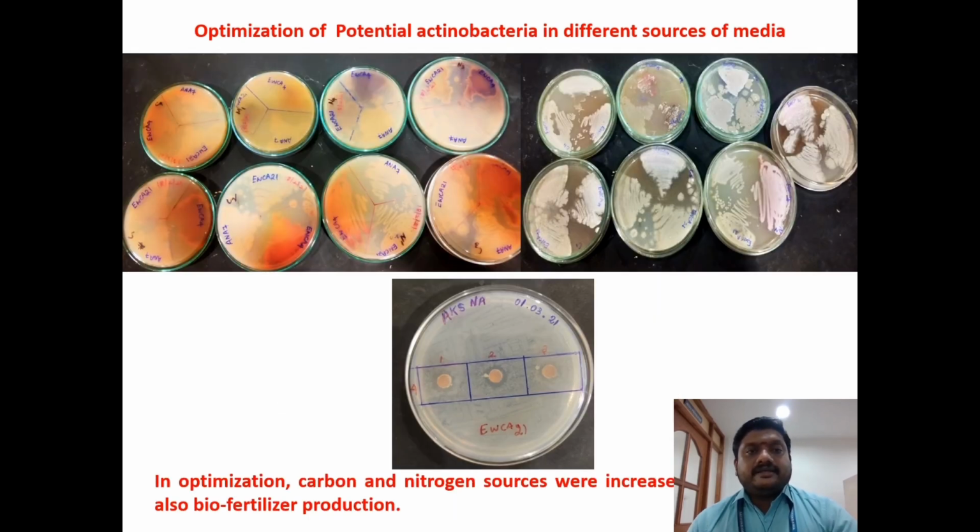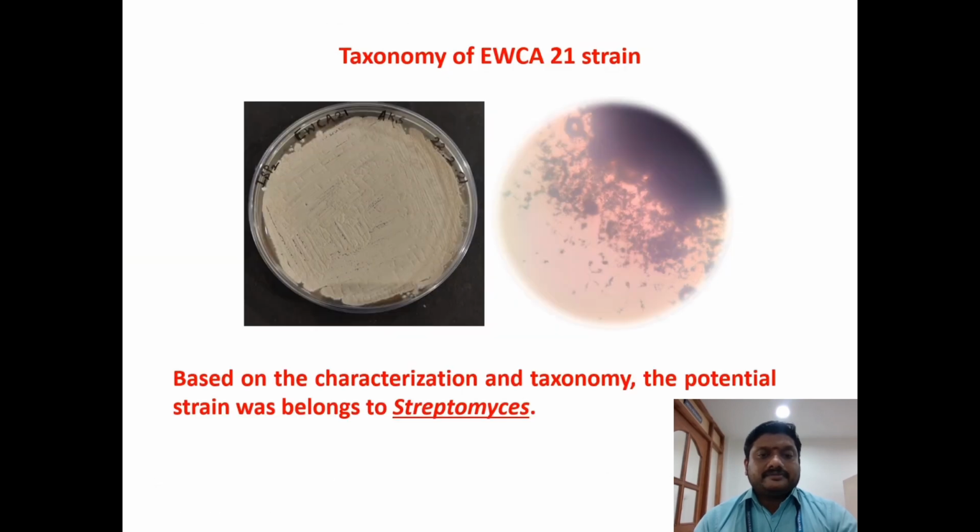After that, we did the optimization of the potential actinobacteria and different sources of media. In optimization, we prepared the media with different sources like carbon, nitrogen, and different pH and temperature. Carbon and nitrogen sources increased the activity and also increased biofertilizer production. You can see the activity in the last photograph.